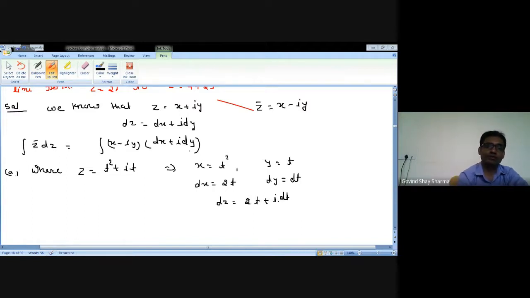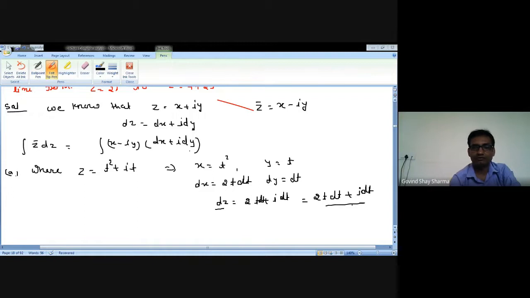We put the value of dx equal to 2t dt and dy equal to dt.